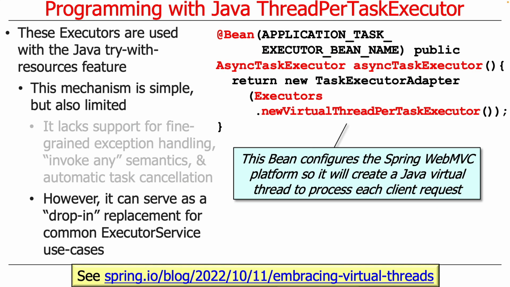One thing you can do with this mechanism that's pretty cool, however, and we're going to use this throughout all the programming assignments and the examples we'll look at henceforth with Spring, is you can use it as a drop-in replacement for common executor service use cases.